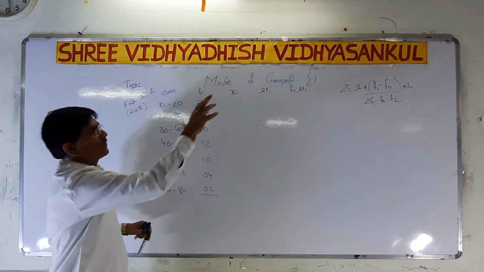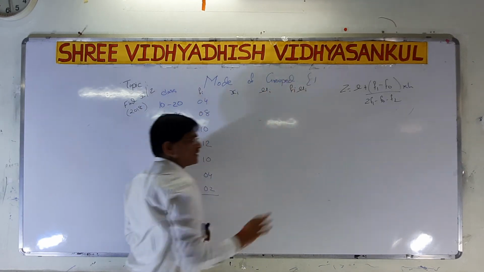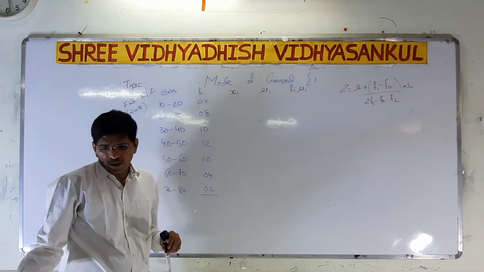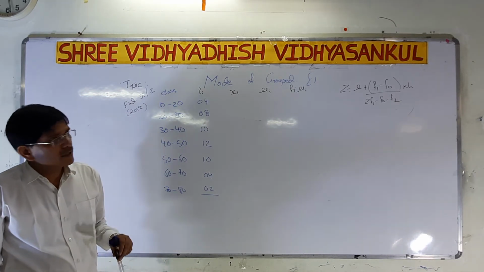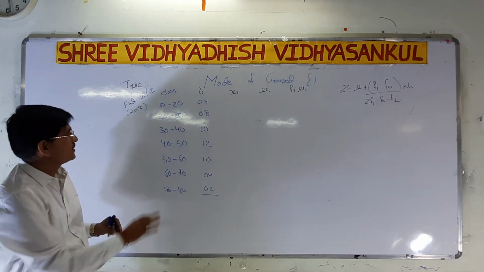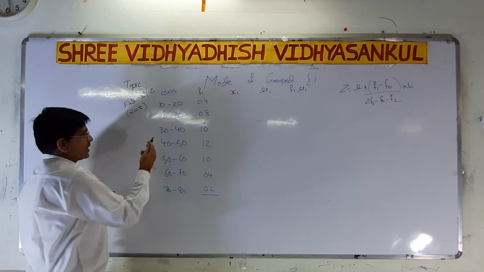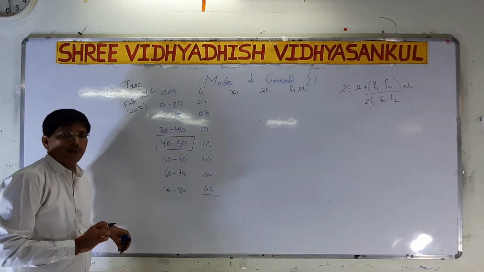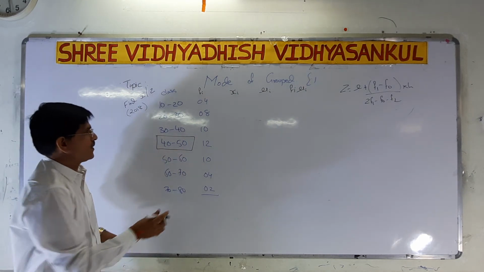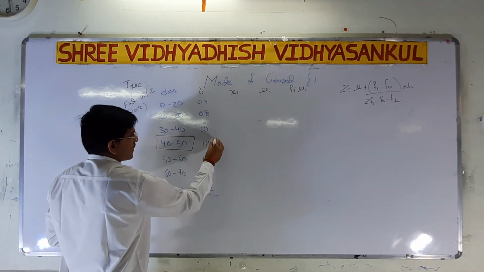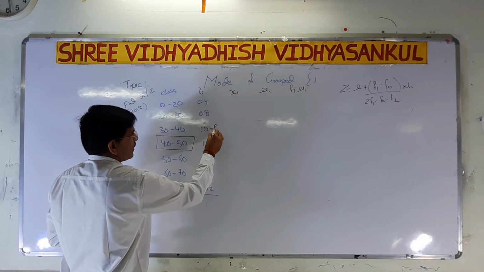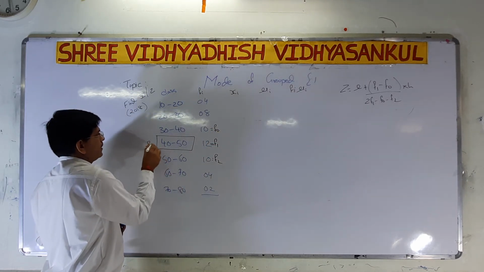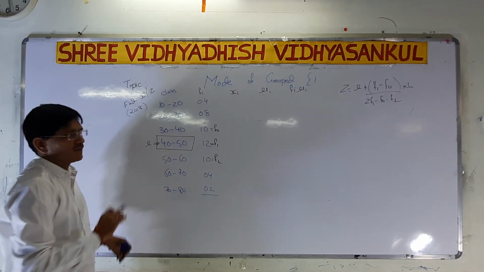Now, when we are discussing the mode, what we always have to remember is that the maximum frequency is the modal class. So here the maximum frequency is 12. What do I have to write here? F1, F0, F2, and here L. That is sufficient.